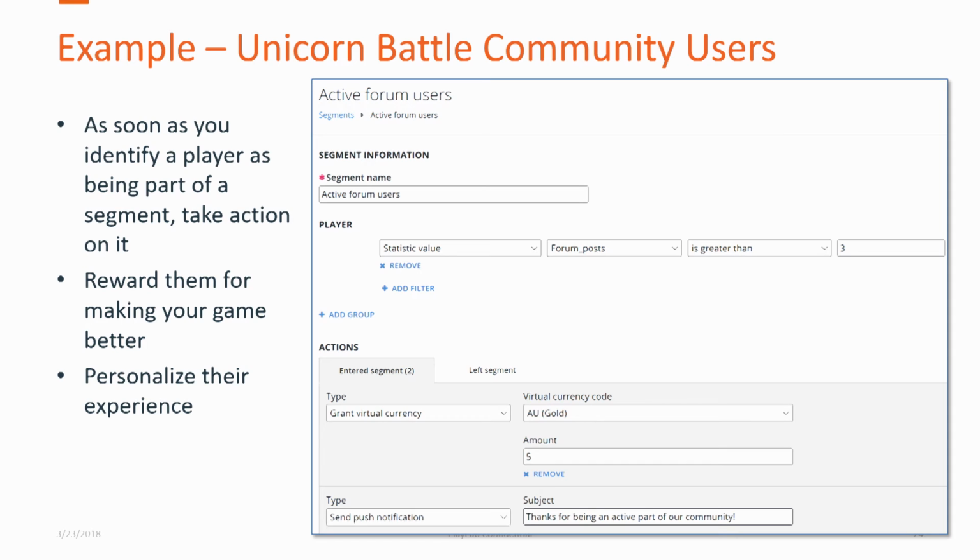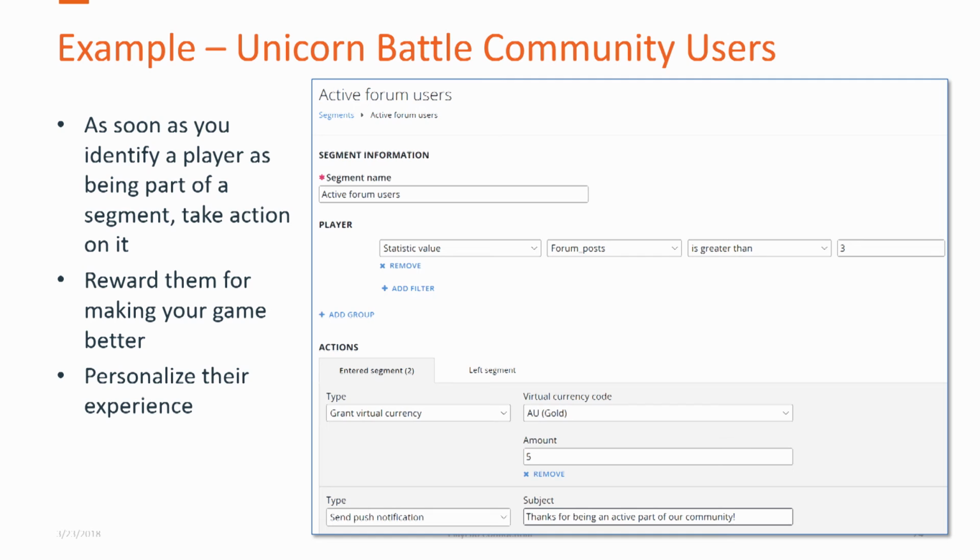And what we did was we created a user segment for active forum users, because let's say, for example, you've got a game which is in development. You're building out your user community, and you want to incentivize people to be active users in the community and to help build that community ahead of your launch. So you can find a few ways to do that, but one of the things you might want to do is let it be known that the more active users will get some kind of rewards in the community.